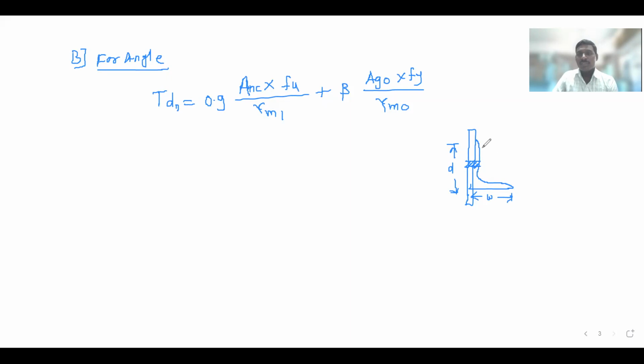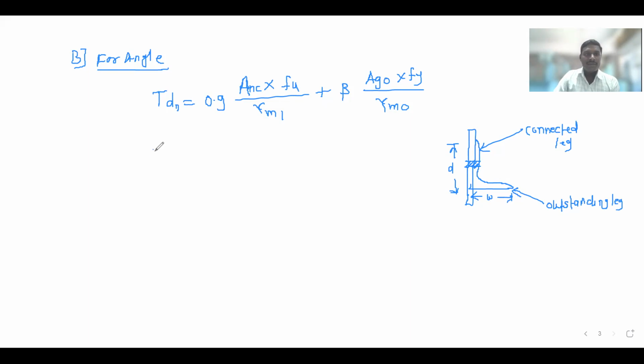Now, the angle has two legs. This leg is the connected leg, and this leg is the outstanding leg. We call it the outstanding leg.